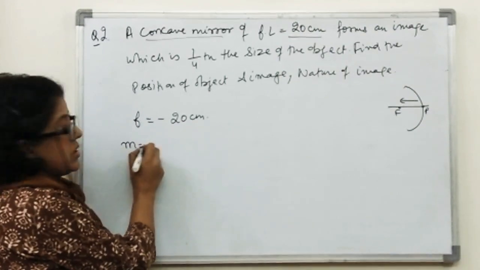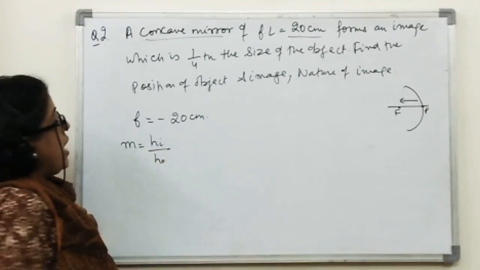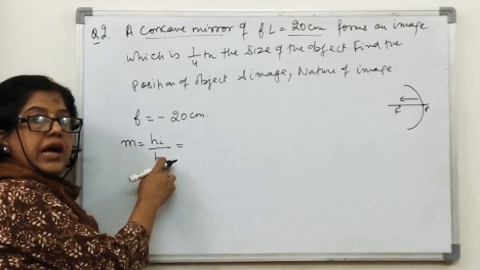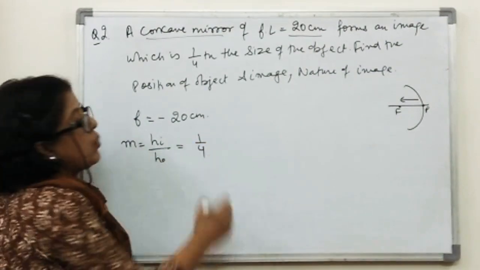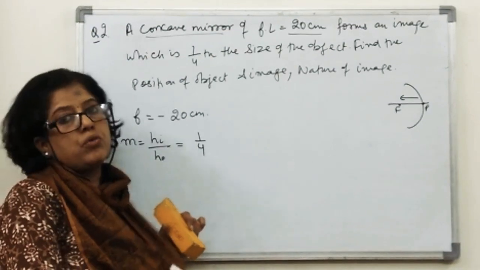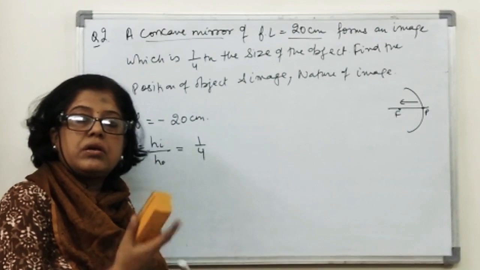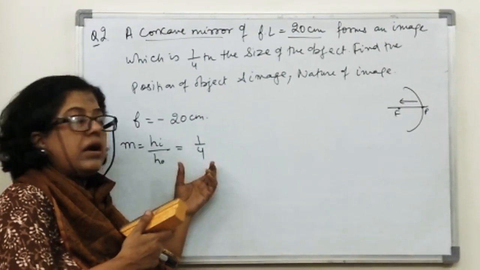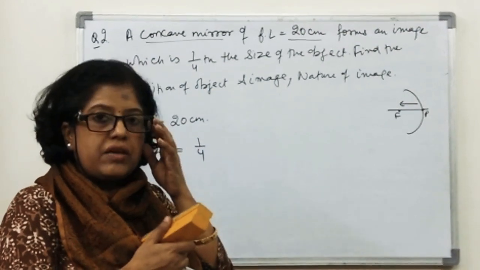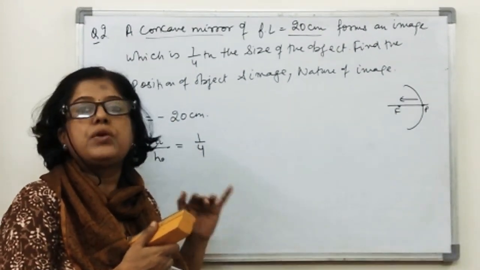That means given to us is magnification. We know magnification is the ratio of height of image to height of object. The height of image is 1/4 the height of the object. That means magnification is 1/4. Now the question is whether it is plus 1/4 or minus 1/4. Now it is a concave mirror, and M is 1/4 means the image is diminished, and in a concave mirror a diminished image is always real and inverted.